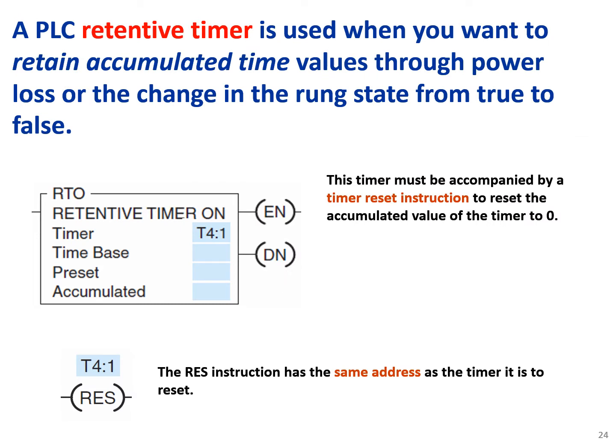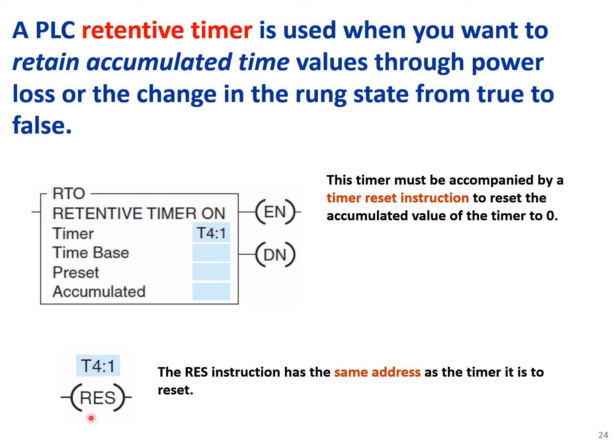Okay, here we have a PLC retentive timer. Those timers are used when you want to retain accumulated time values through power loss or a change in the rung state from true to false.